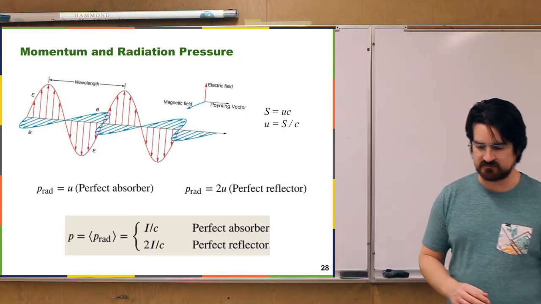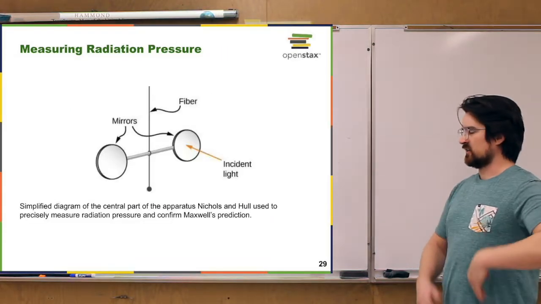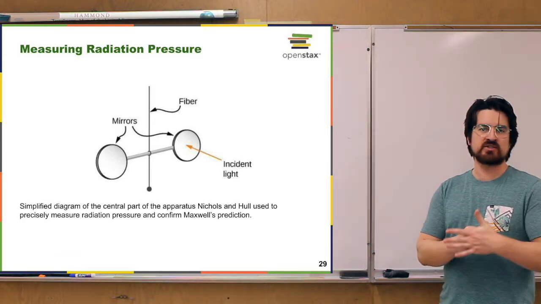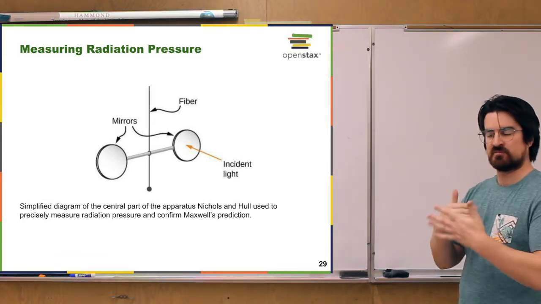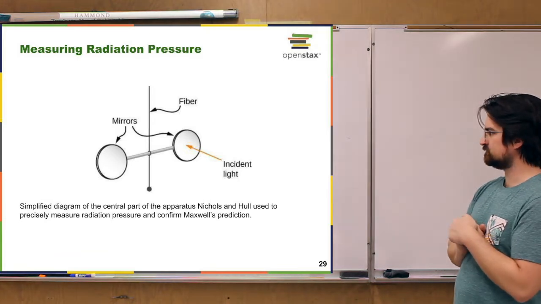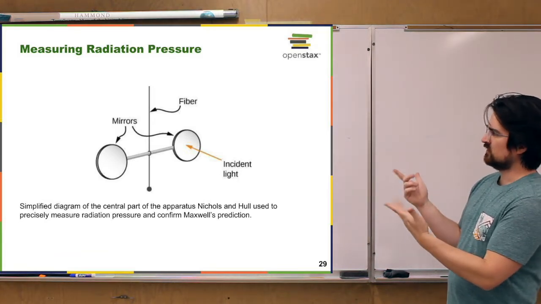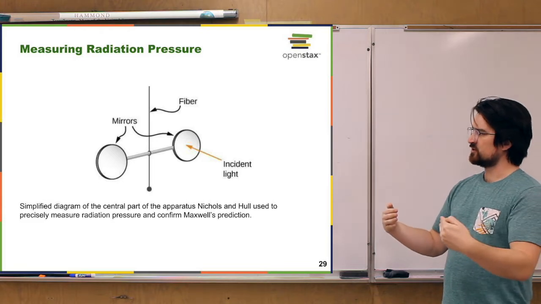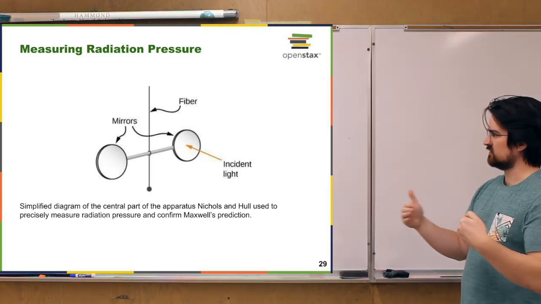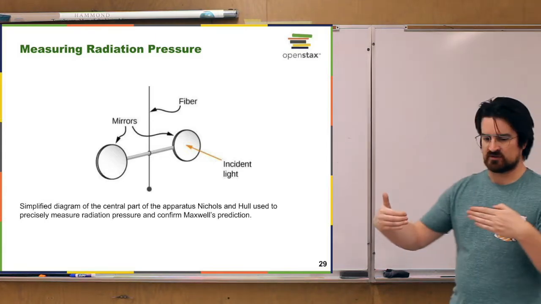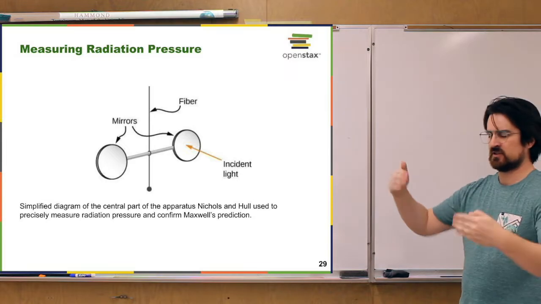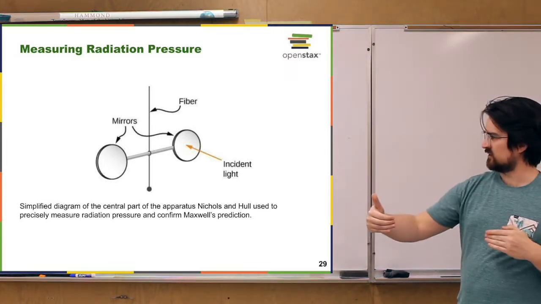So this is an example of an apparatus that we might use to measure that radiation pressure, or the pressure due to electromagnetic waves hitting a surface. Pretty simple: you just have these two mirrors tied onto some kind of string fiber so that they can rotate around freely, balanced out so they can nicely rotate this way.